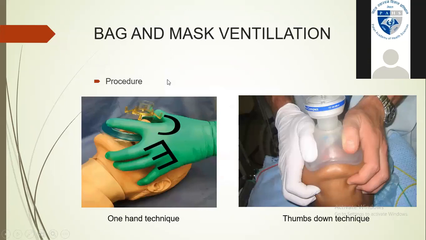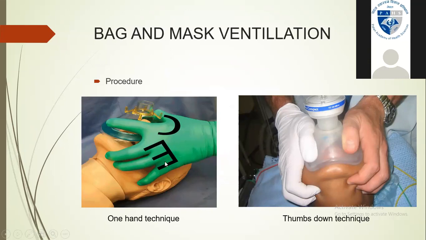There are ways of securing a mask in bag and mask ventilation. The commonly used technique is the C and E technique, which is a one-hand technique where the C forms around the rim, and we place our other three fingers at the angle and base of the mandible.